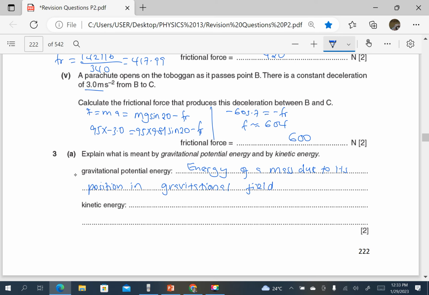Then kinetic energy is the energy a mass has due to its speed, or due to its motion, that is the kinetic energy.